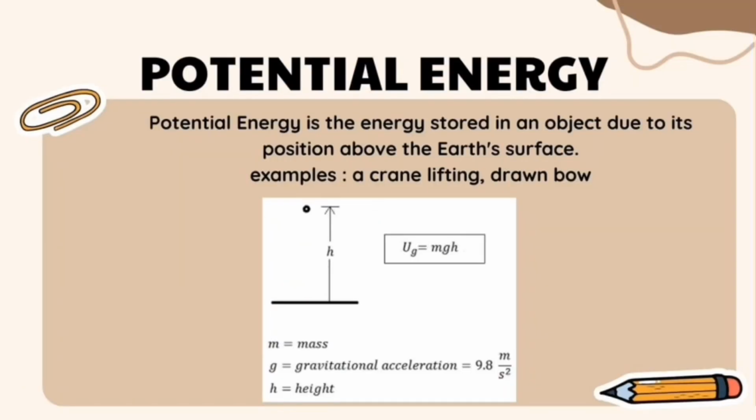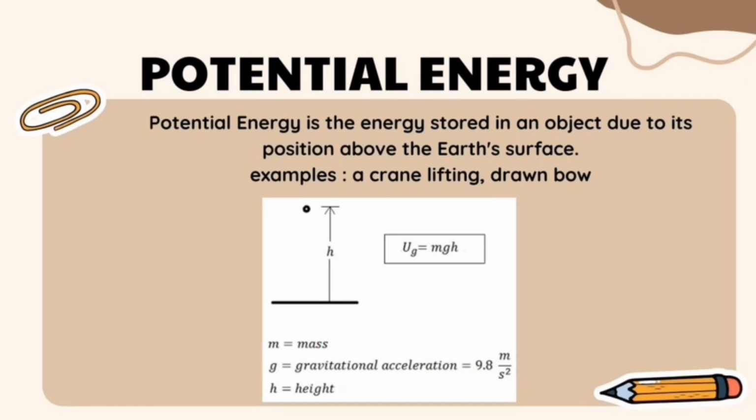Okay, the second type of energy is potential energy. So what is potential energy? Potential energy is the energy stored in an object due to its position above the Earth's surface. For example, a crane lifting and a drawn bow.